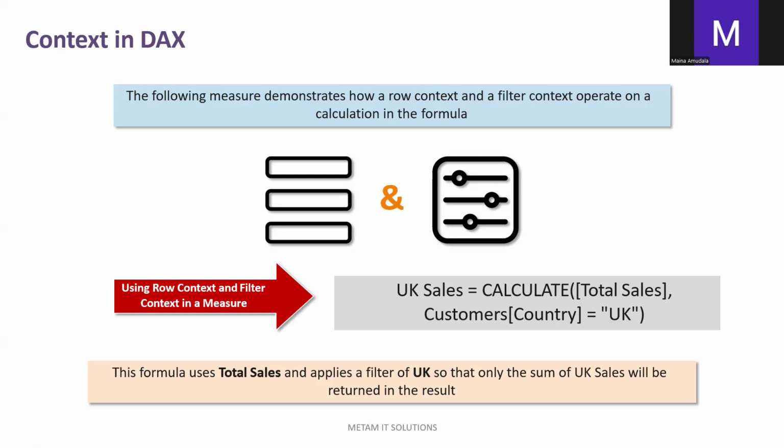Here I'm calculating only the total sales. Then you will get the total sales in the country UK. This formula is used for the total sales and it applies a filter of UK so that only the sum of UK sales will be returned in the result. This is the combination of row context and filter context in a measure.